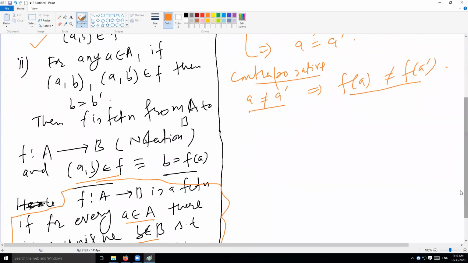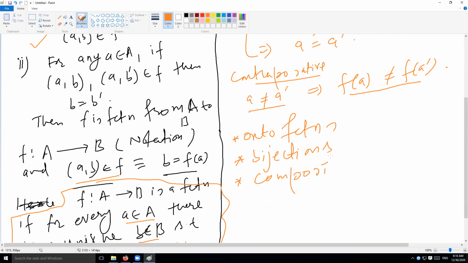Okay. So what we would like to do today, we would like to talk about onto functions. Okay. We're going to talk about bijections. We're going to talk about composition and inverses of functions.